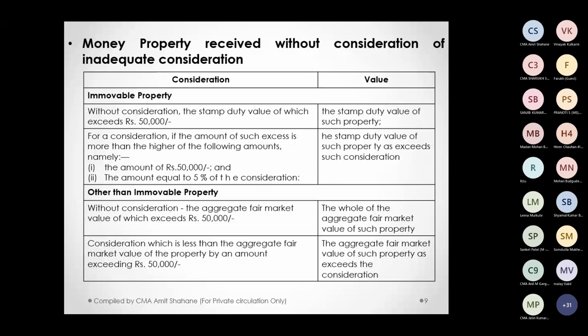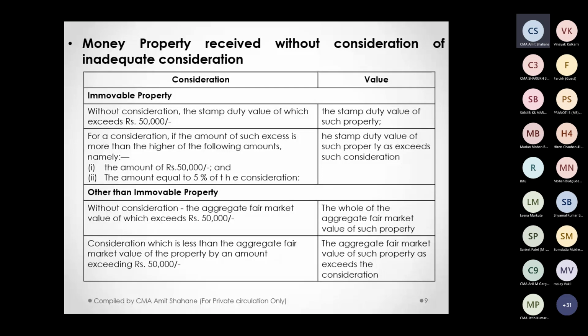But if I receive a property whose stamp duty value is more than 50,000 rupees, then the stamp duty value of that particular property will be considered as the value for this particular transaction. So for example, I have received, say, an immovable property.